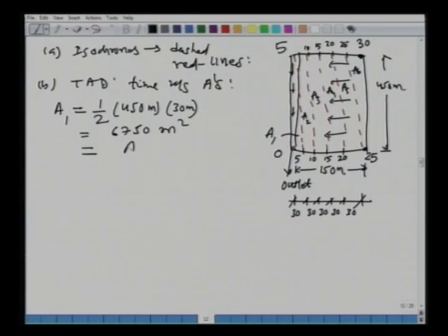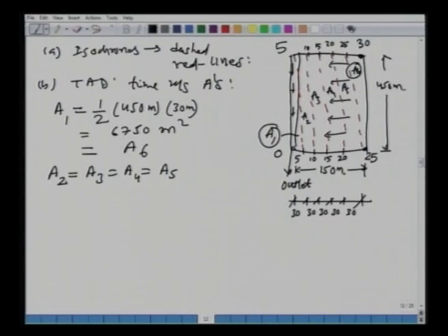What will be A6? This area will also be equal to A1. You see that A1 and A6 are the same, because you have the same base and the same height. So, A1 is equal to A6. Similarly, A2 is equal to A3 is equal to A4 is equal to A5, which are parallelograms of equal size.